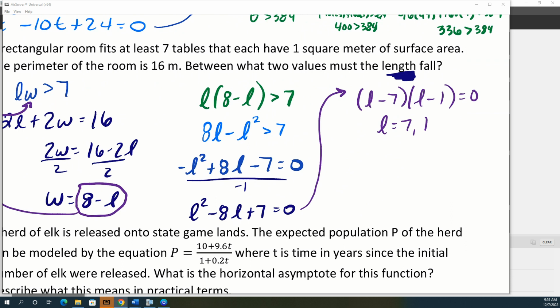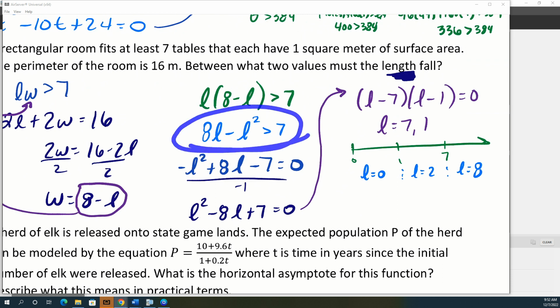All right, and then we'll put that on the number line. And what I'm doing is I'm testing a point in each region. All right, so I'm going to put in 0, and I'll put it in for this one right here. Put in 0, I'll get that 0 is greater than 7, which is false.